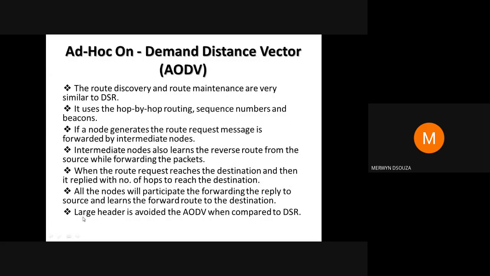And since the source node is not putting the entire route in the packet while it is sending, a large header is avoided. So in DSR you put an entire route, so the header is larger. In AODV you put only the destination node, so the header is smaller.